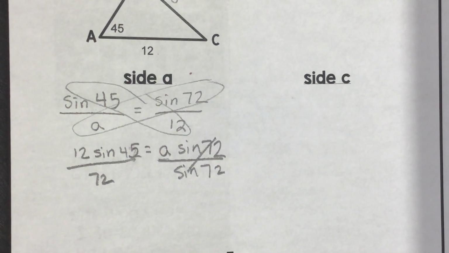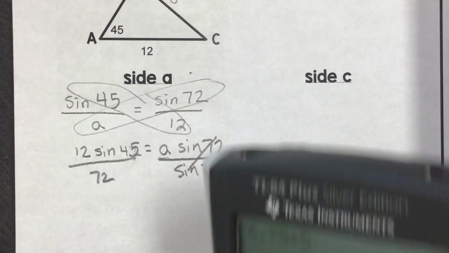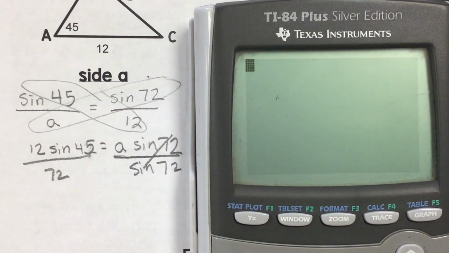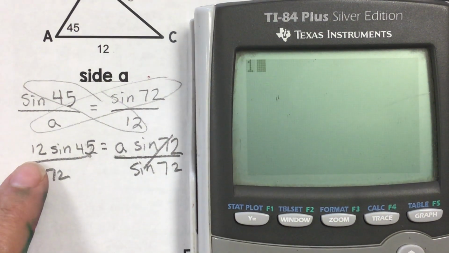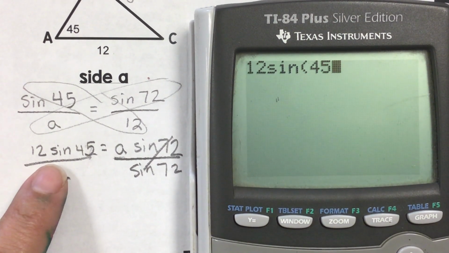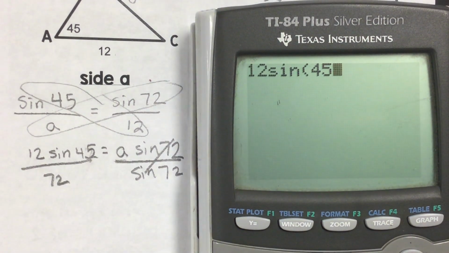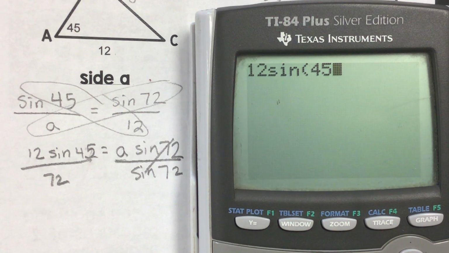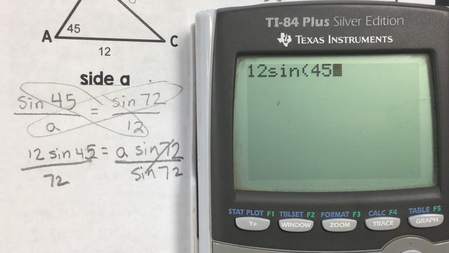I'm going to show you how to put it in the calculator, and I recommend that you do it with me just to make sure that you get the correct answer. Type 12 sine of 45. When you put that angle measure, make sure that you close the parentheses, otherwise you're not going to get the correct value.